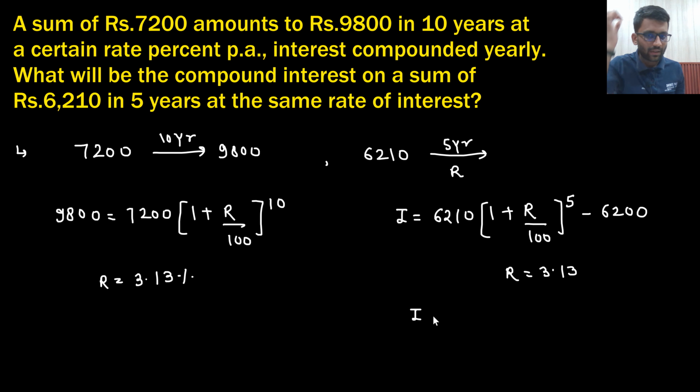So again I will do the calculation. 3.13 divided by 100 plus 1, to the power 5, minus 1, into 6210, that is 1035. This is the interest. Okay, 1035 is the interest.